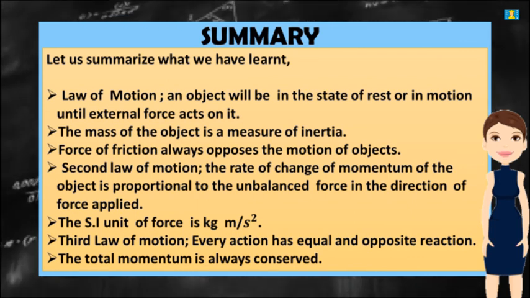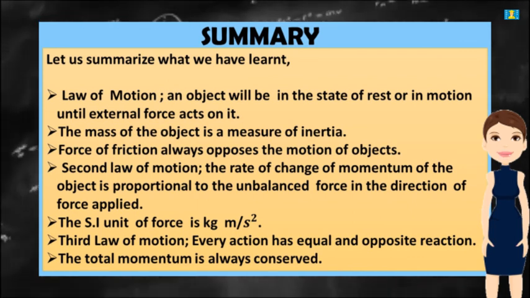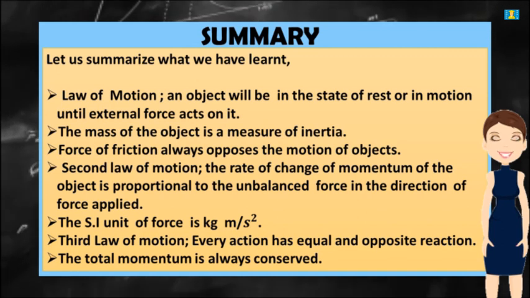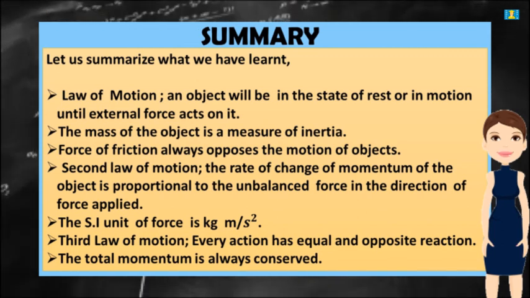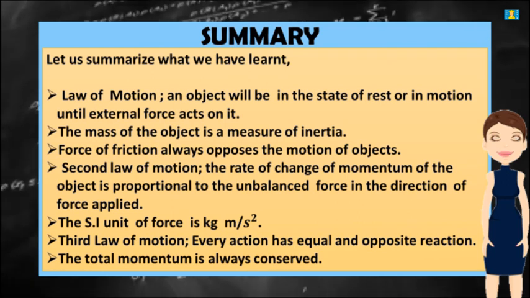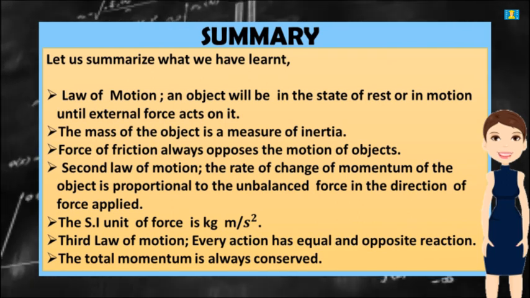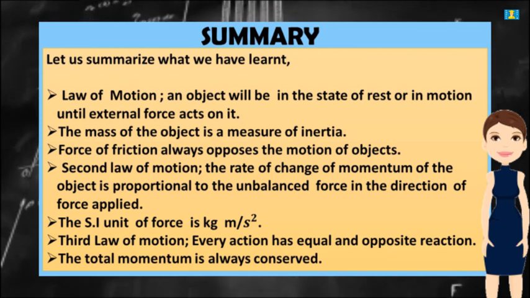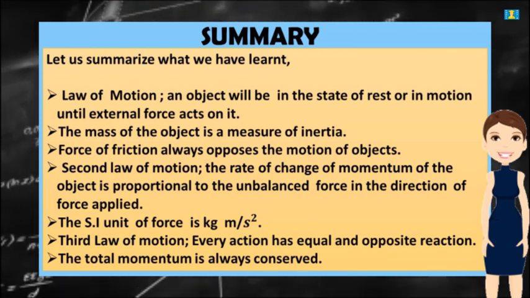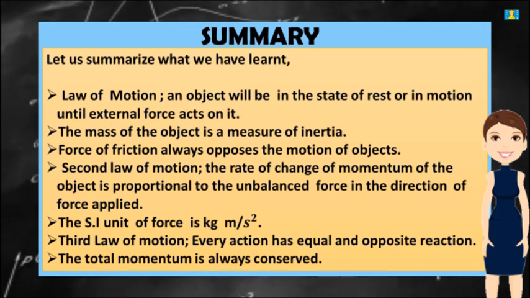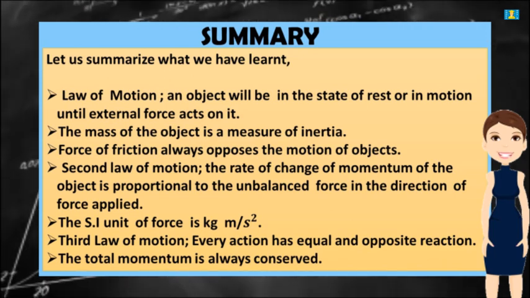Second law of motion: the rate of change of momentum of an object is proportional to the unbalanced force in the direction of force applied. The SI unit of force is kg m per second square. Third law of motion: every action has an equal and opposite reaction. The total momentum is always conserved.